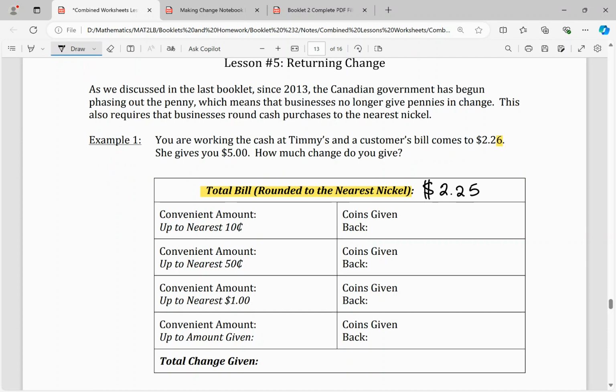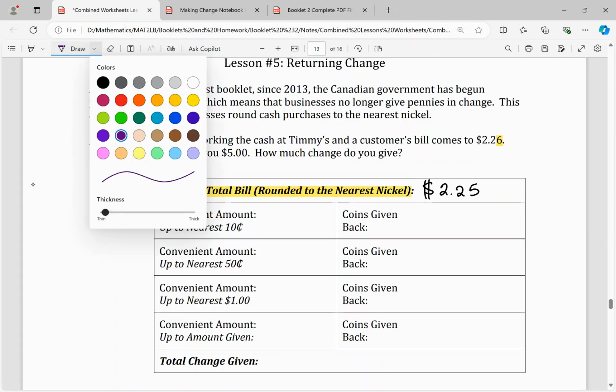So at this point, there are 2 different methods that you can take. The method that the note uses is counting up from $2.25 to $5. We'll do that in a second. The second method that is not done in this note, but you can still take, is the following.